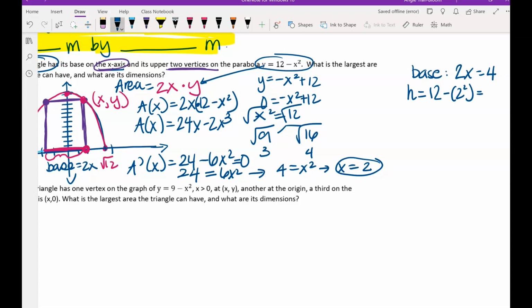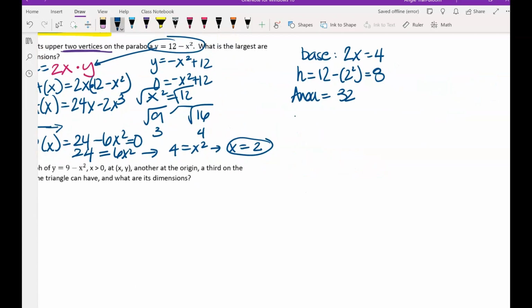So that's 12 minus 4, so 8 units. So right now your height is 8 units. So that means your area is 4 times 8, right? Base times height. So area is going to be 32 units squared. All right, so let's write a complete sentence with all of that in there. The largest.